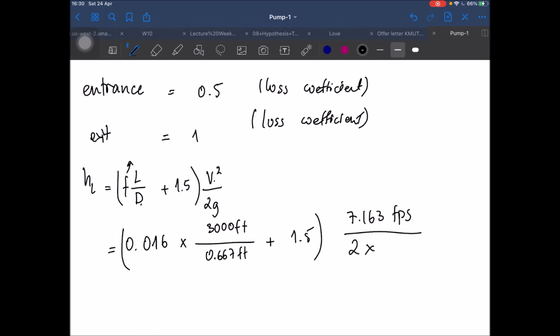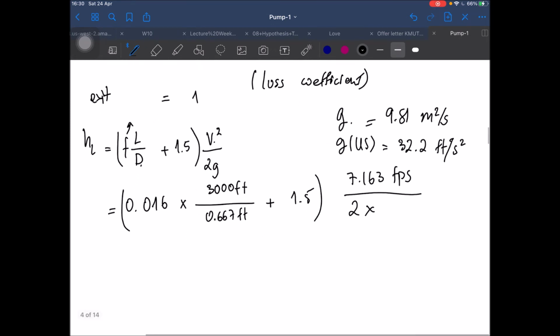Of course G in SI units is 9.81 meters per second squared, but G in US units equals 32.2 feet per second squared.